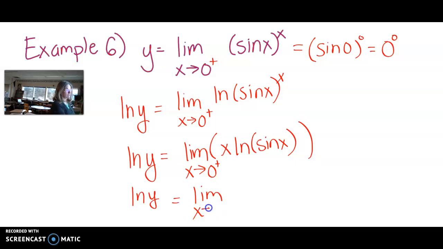If you don't, you just need to remember that whatever we get over on the right side, we need to find the answer by the natural log of y equals whatever we get, and then we got to put it back into exponential form. So similar to what we did in the last problem, we're going to make this multiplying by x. We can also write as 1 divided by x.